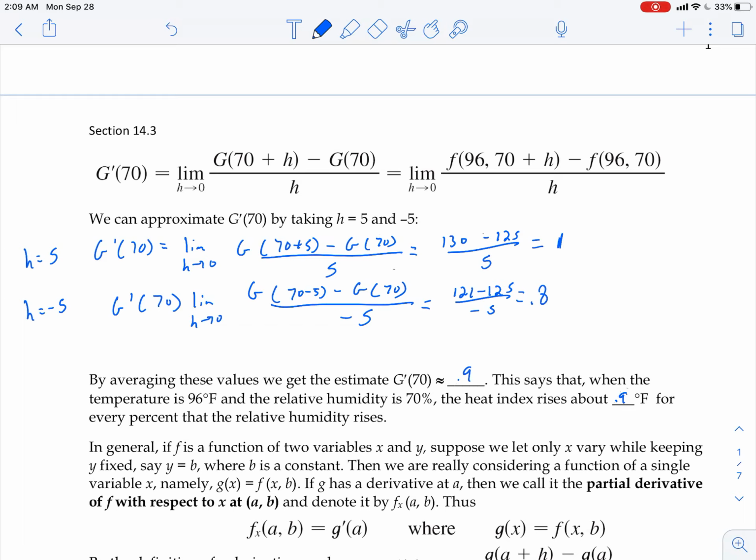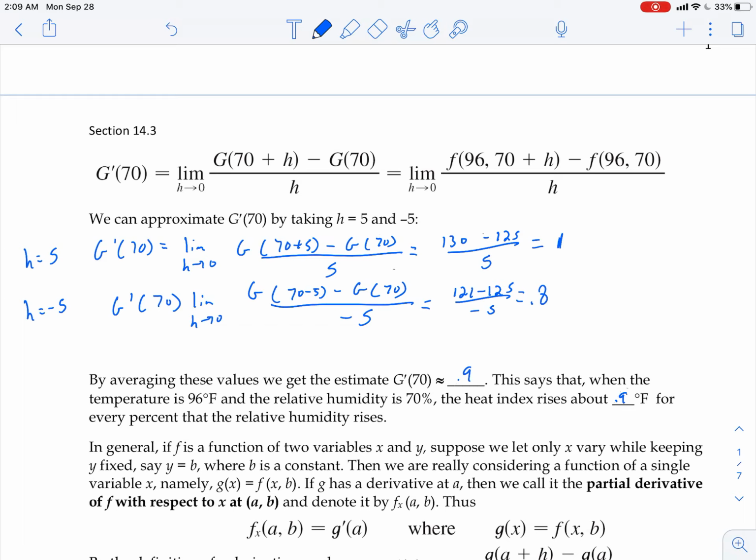We'll actually do more directional derivatives later, but at a specific point, I'll just draw a picture of it real fast. Here's our three-dimensional plane, where that's x, that's y, and that's z. Again, this is not perfect.